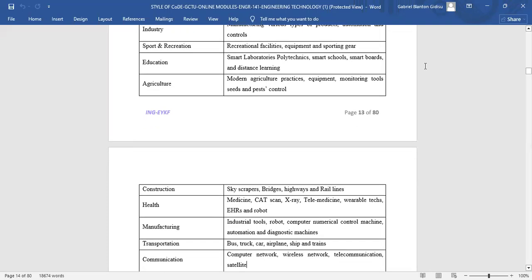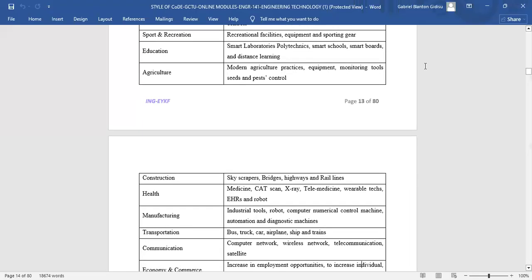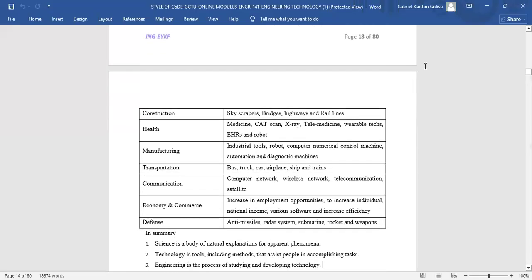Then communication: computers, computer networks, wireless network, telecommunication, and satellite systems. So we have e-commerce and commerce. We have the defense. I mean, they are all there.